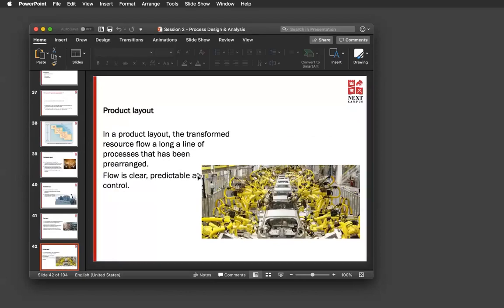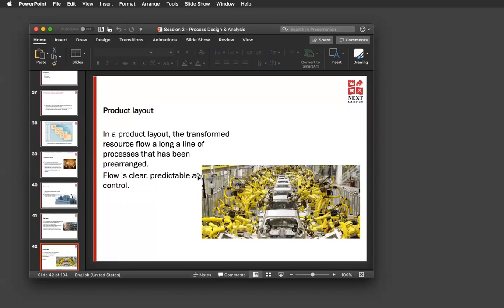Then we go to the final layout, which is the product layout. Now, product layout is the layout that is being used for continuous processes. And if you really look at this picture, you will see hardly any people are there. It's all done by robotics. Because this kind of process can be called an assembly line as well, right?